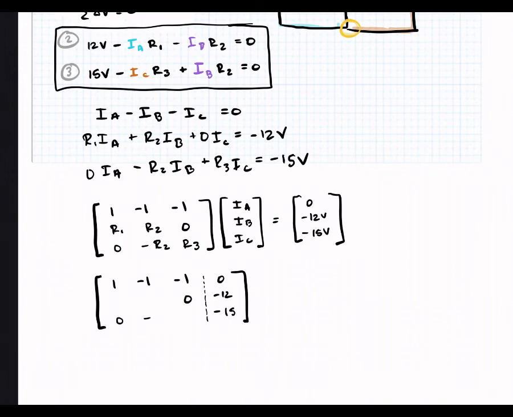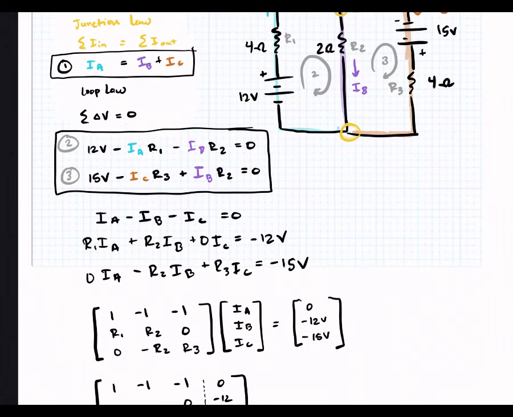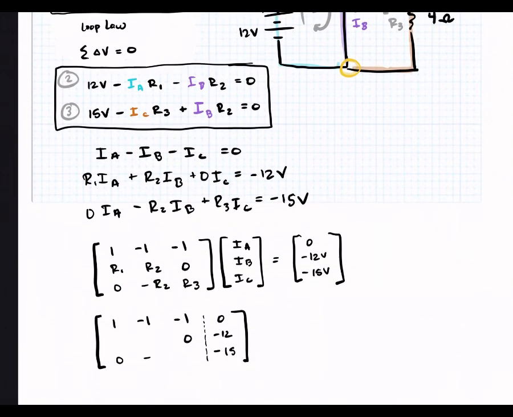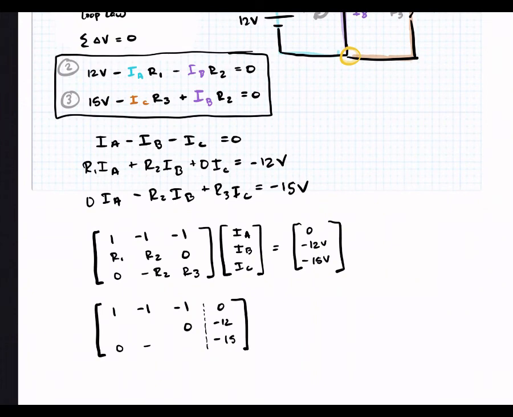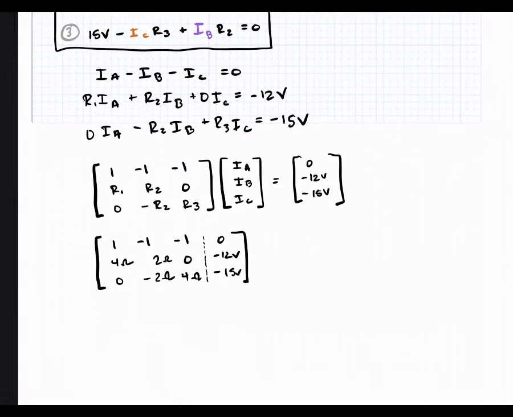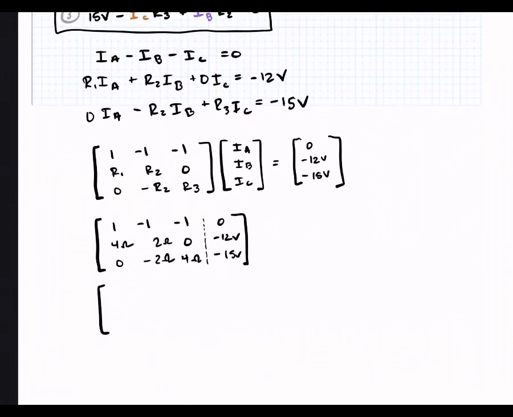So R1, what was R1? 4 ohms. So R1 and R3, that's 4 ohms. So 4 ohms, 4 ohms, and this is 2 ohms and 2 ohms. Okay, and these are volts. But when you put this in the calculator, you don't need any units.